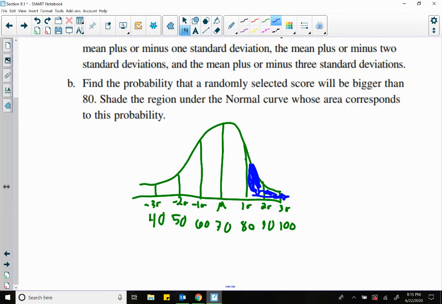Well, if you remember, we did all this math, and this was 34%. Actually, let's change up the color. This was 34%. Out here, these two pieces were 13.5%.